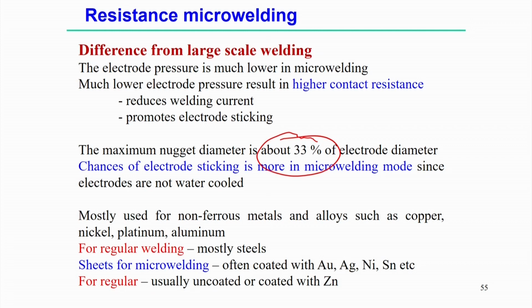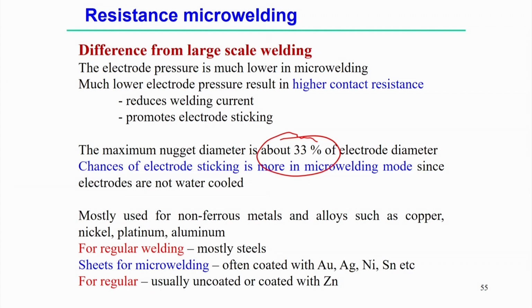In terms of application, most non-ferrous metals and alloys are processed using the resistance micro welding process. For regular welding processes we mostly process steels, but in micro welding we mostly use steel coated with silver, gold and nickel.